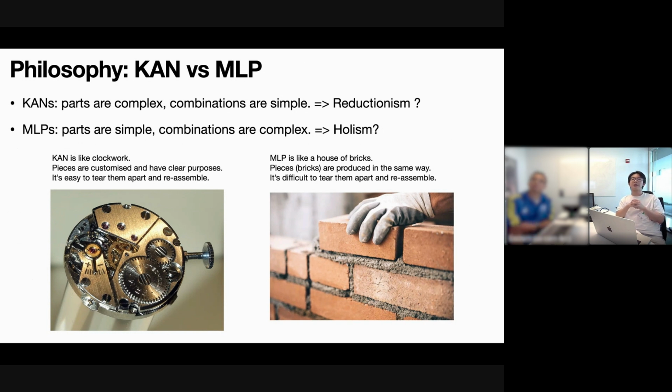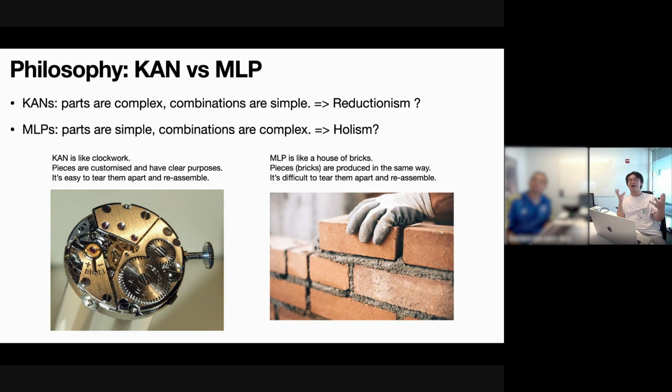So from the philosophical level, both KANs and MLPs are expressive, but their complexity actually has different origins, different sources. In KANs, the complexity comes from the complexity of each individual part. That is, the learnable 1D functions can be very complicated.